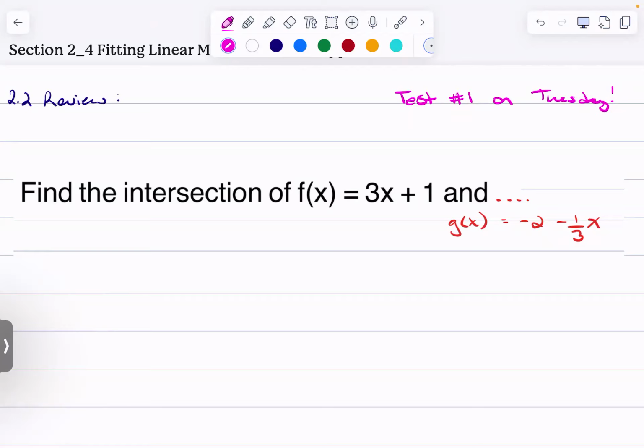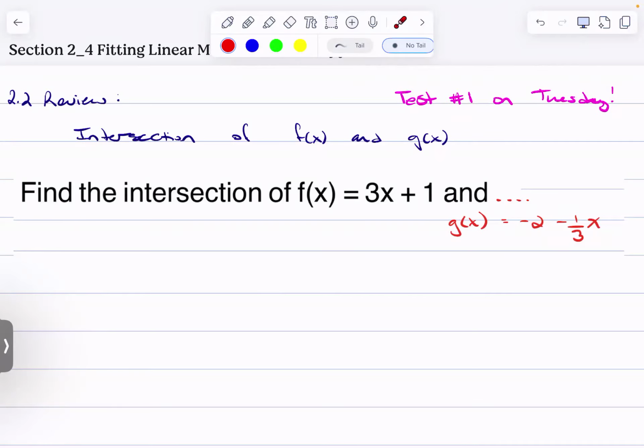Okie dokie. 2.2 was the intersection of two lines, f of x and some g of x. How do we solve for the intersection? Well, the intersection is where they both have the same xy coordinate. And so if f of x is a y and g of x is a y, then y equals y.